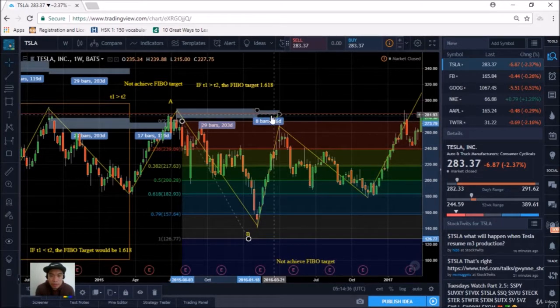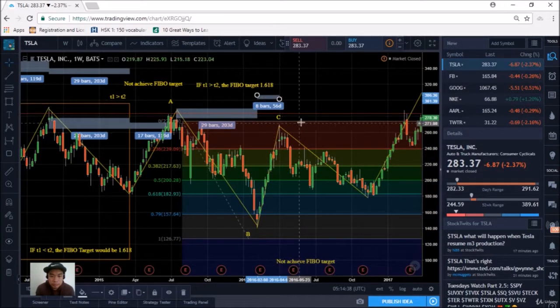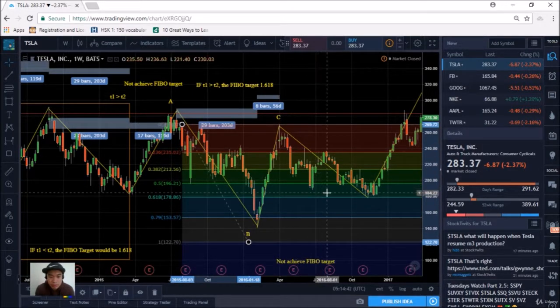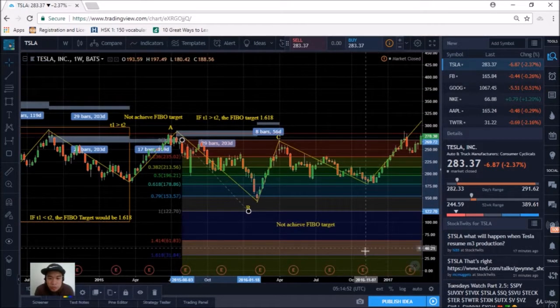Now you measure here. What you can see is point C, and 1.618 is way below here, am I right?